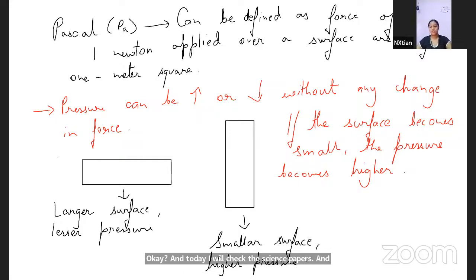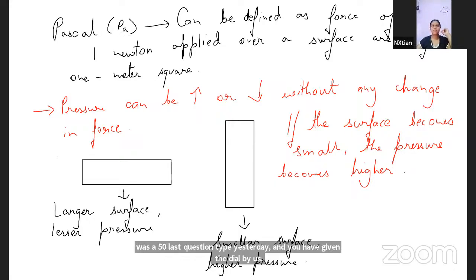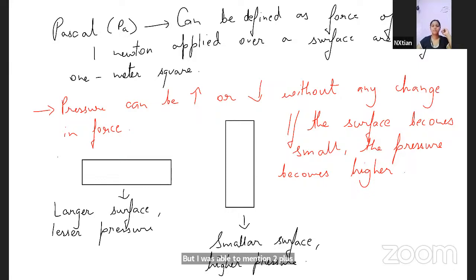Ma'am, I had to tell you something. It was a 50 marks question paper yesterday, and you had given a time limit of 1.5 hours, but I was able to finish in 2+ hours because I found the questions a little tough. Could you please keep the time limit 2 hours for a 50 marks question paper, because 1.5 hours was too short? All right, no problem.